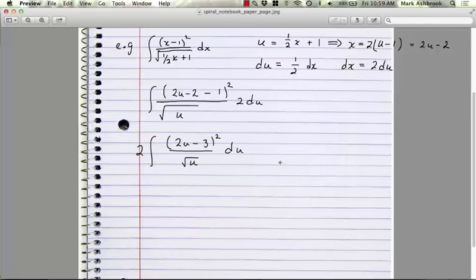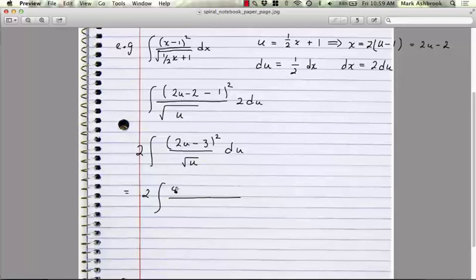What can we do? First, make it (2u minus 3) squared. Yeah, let's multiply. Can we multiply out the top? Yeah, let's do that.